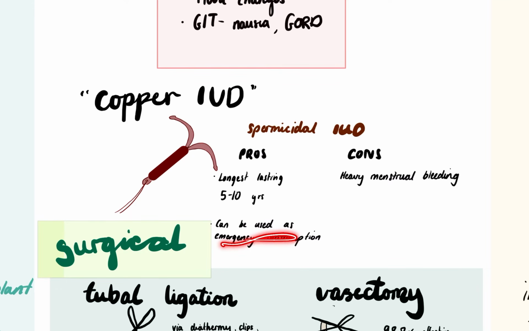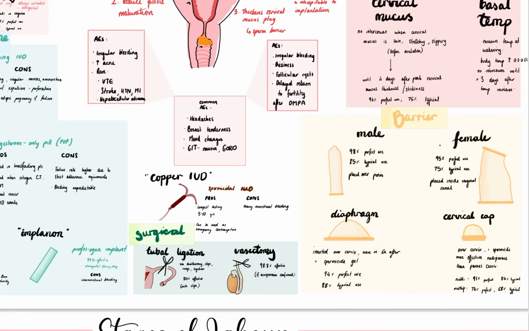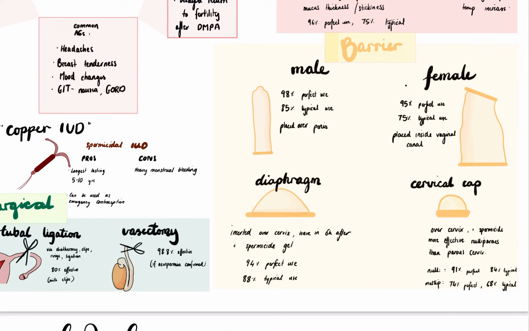And it can also be used as emergency contraception. After intercourse, if it's inserted into the uterus, it is very effective at preventing the continuation of a pregnancy. The cons of a copper IUD are that it can cause prolonged and heavy menstrual bleeding, which kind of sucks. So just take all of these with a grain of salt. But as you can see, they're very personalizable in terms of how many choices there are.